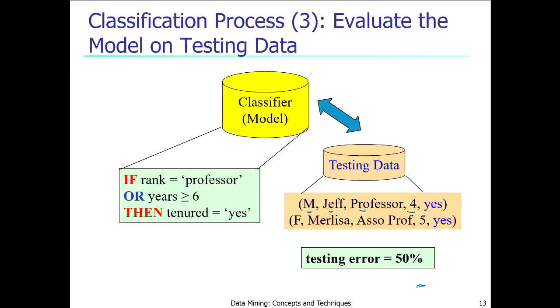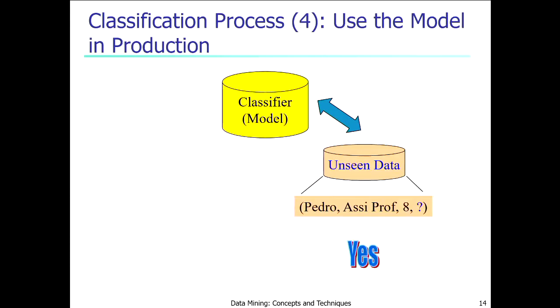So this is very reasonable. An ideal model is one where we want to minimize the testing error, and later we'll also talk about overfitting. We really want the testing error and the training error not to be too different, but we will talk about this in the overfitting part.